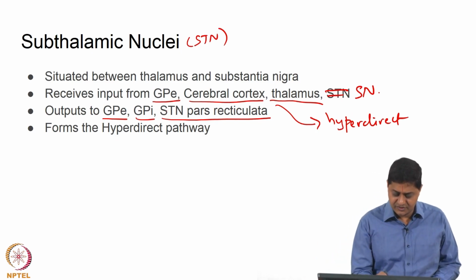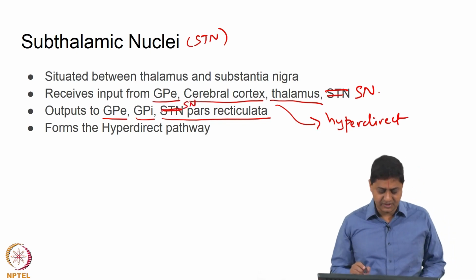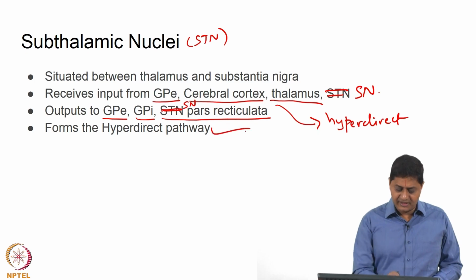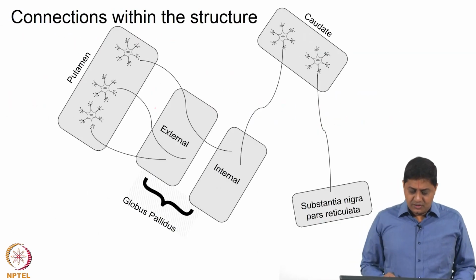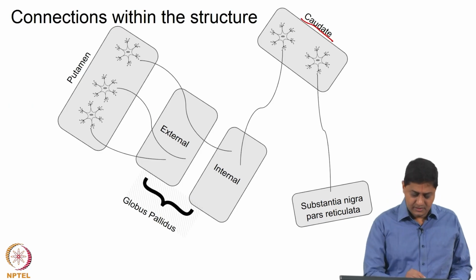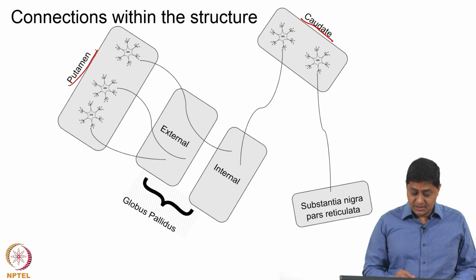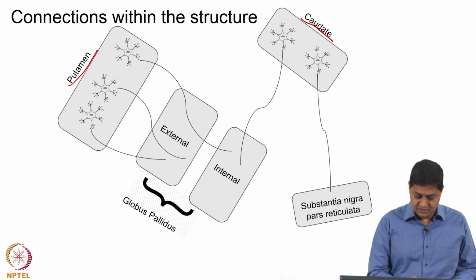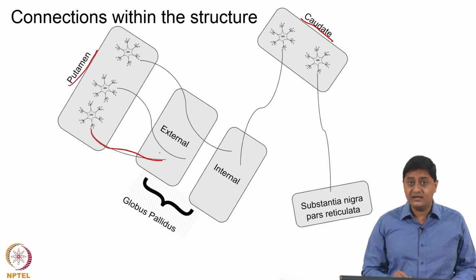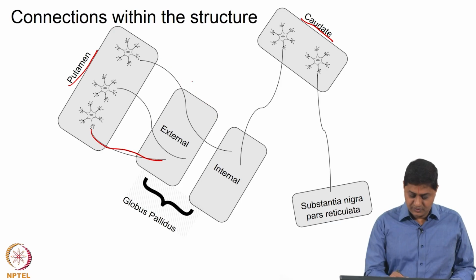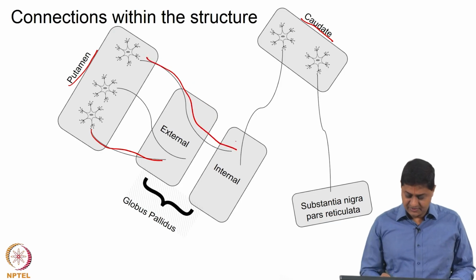Just to prevent confusion, I am going to call this SN pars reticulata, and it forms the hyperdirect pathway. So, within the structures, there is a caudate nucleus here and a putamen here, and there are neurons that project to the globus pallidus external segment, and then there are neurons that project to the globus pallidus internal segment.